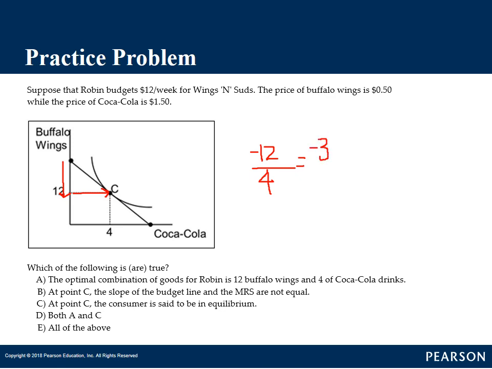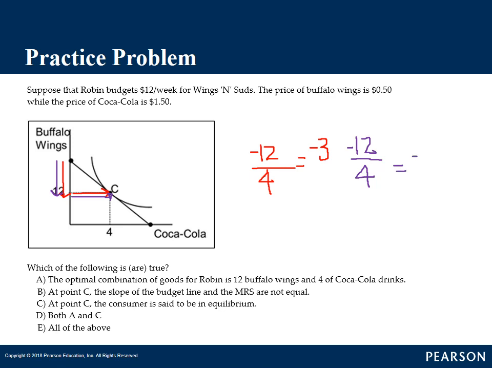Okay, the marginal rate of substitution in this case is that the consumer would be willing to give up 12 buffalo wings. So give up, we're going to put a negative in front of that, in order to gain 4 Coca-Cola drinks.